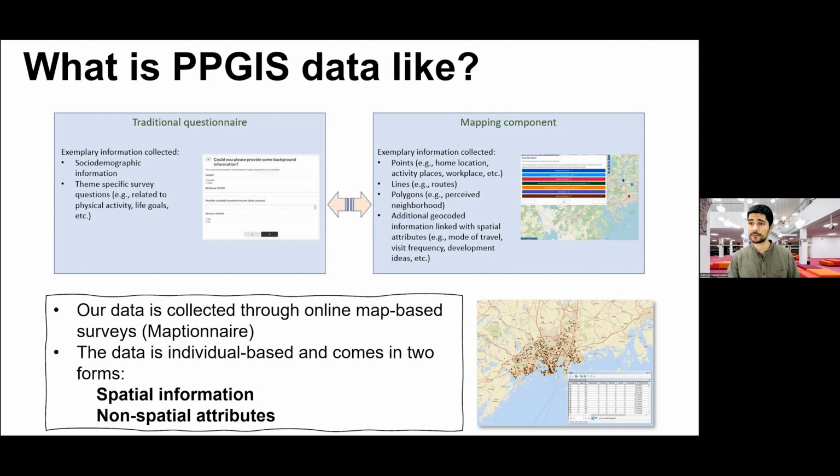So we might ask about origins, destinations, and different kinds of important places. Usually the markings are points because it's easier for people to mark points on a map, but it doesn't have to be limited to points. Sometimes we have also asked people to mark lines, for example, draw a route from point A to point B, or how they go from home to their workplace. It can also be a polygon, an area. So it's usually points, but it doesn't have to be.